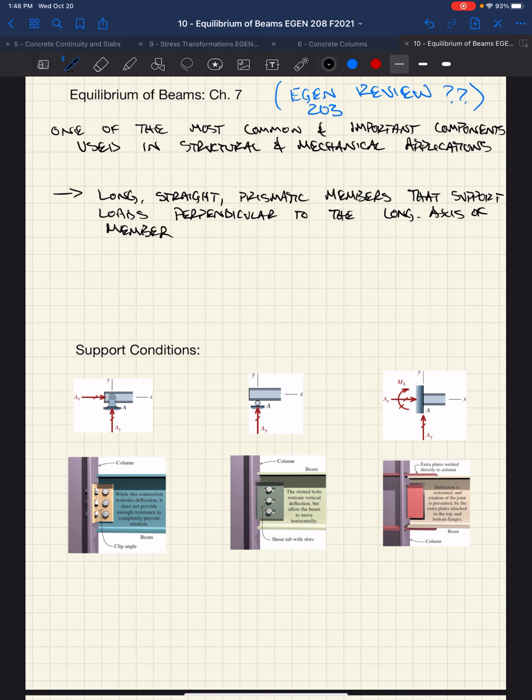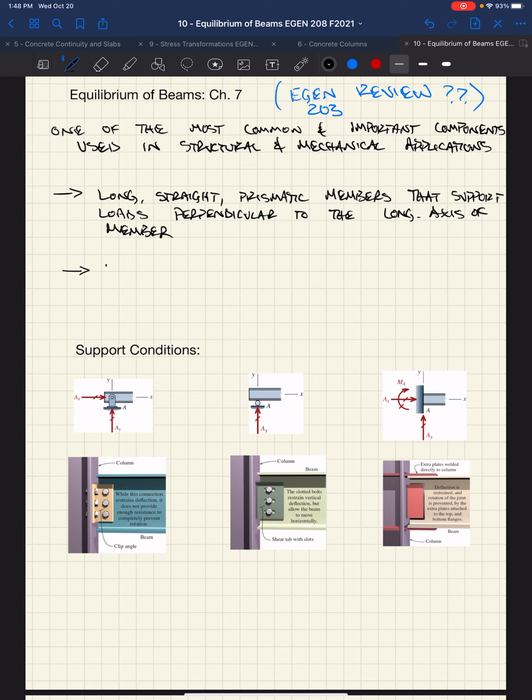So a beam spanning from this lectern to that cabinet over there is going to be supporting loads that are transverse to the axis of the member. So vertical loads in that sense.